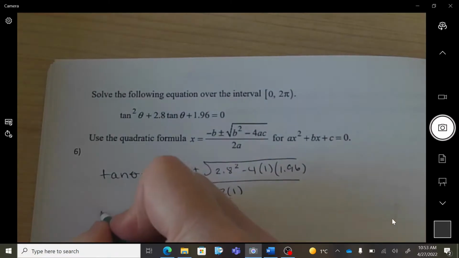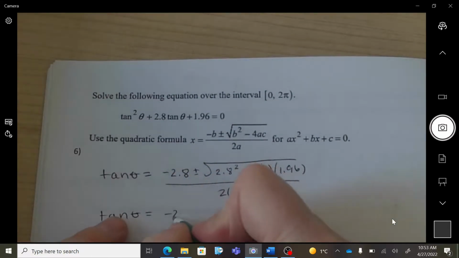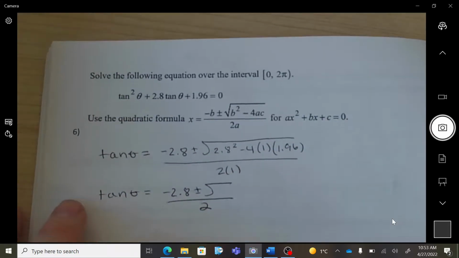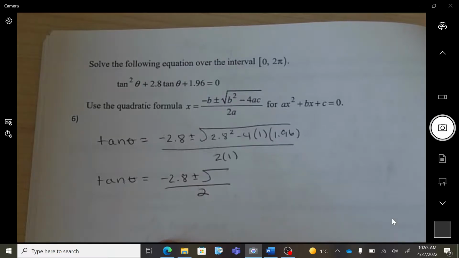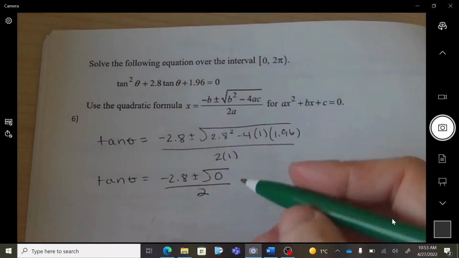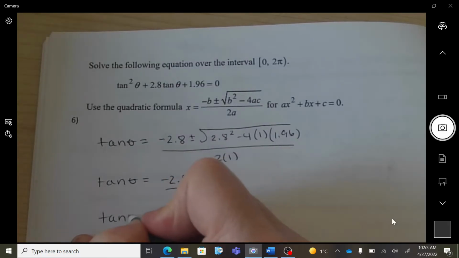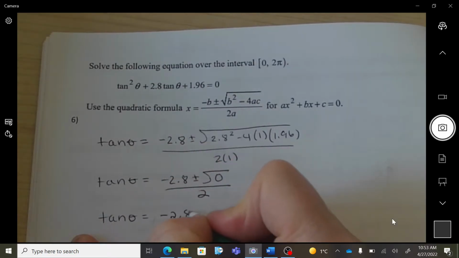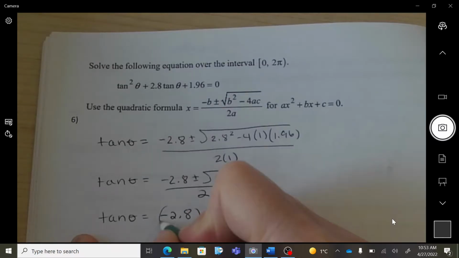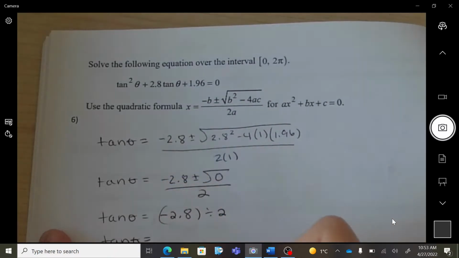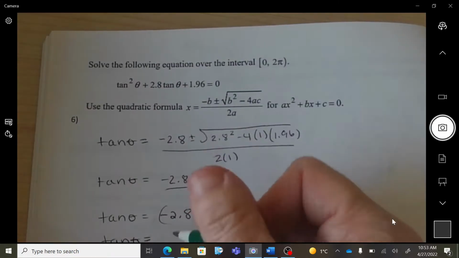Okay, so when I do this, I always say what is the square root piece, and putting this into my calculator, I get 0. Okay, so if I'm going to actually add or subtract the square root of 0, that's irrelevant. So just what is -2.8 divided by 2. So that comes out to -1.4.